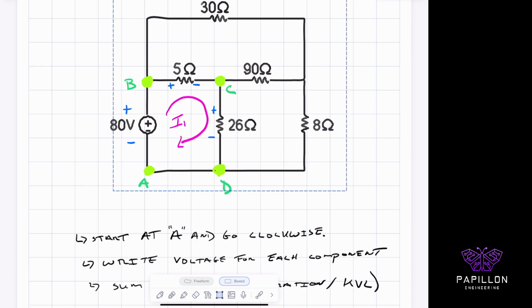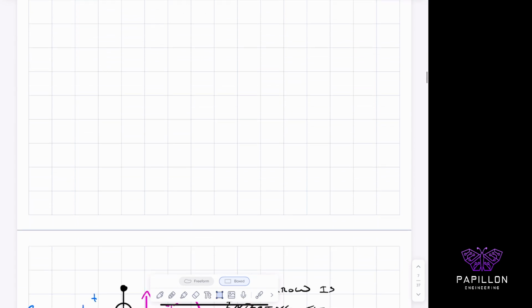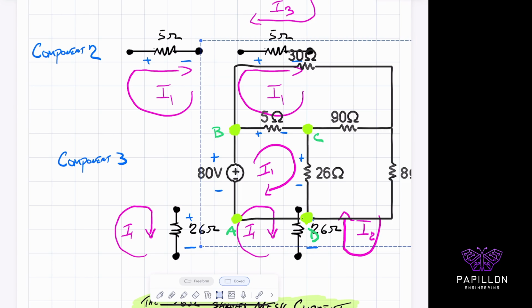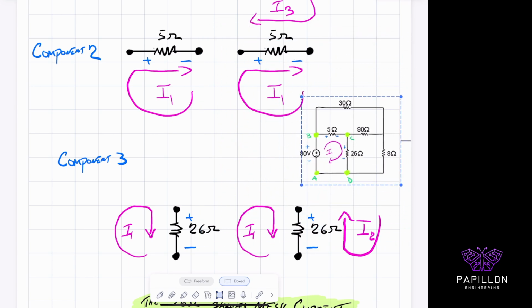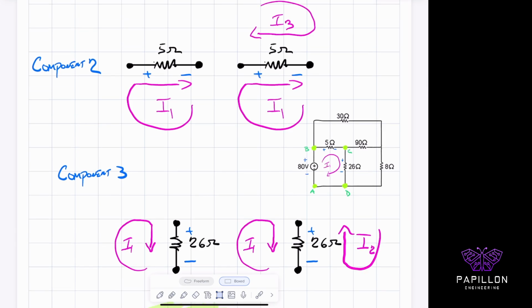So here's our problem set as a whole, and I'm going to put it here so you can see it with what I'm trying to do. And when we put this image here, if you look at it carefully, the 5 ohm resistor over here, although we are in loop 1, there's also a mesh current in loop 3.